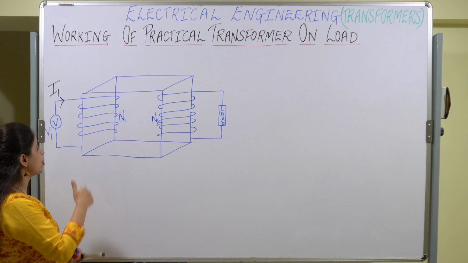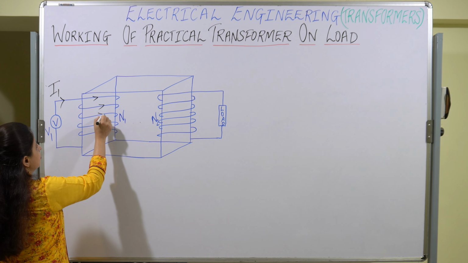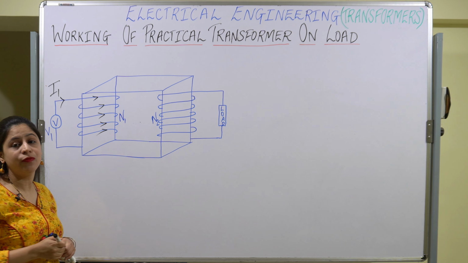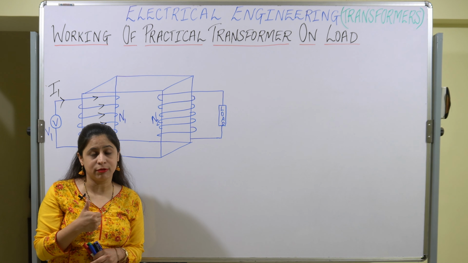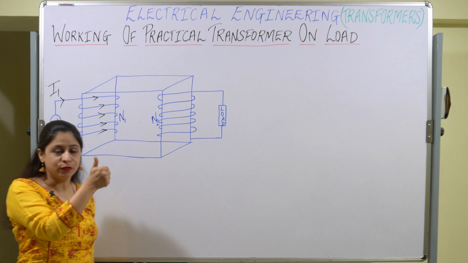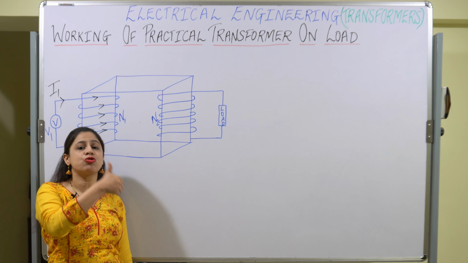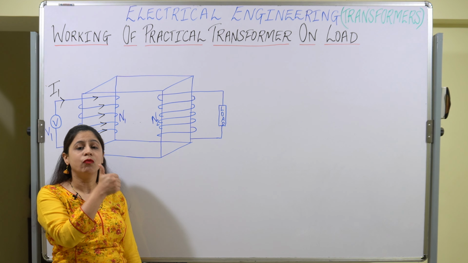Now, the direction of the flux is given by the right hand thumb rule. All four fingers denote the direction of the current, and the thumb, stretched outwards, denotes the direction of the flux.